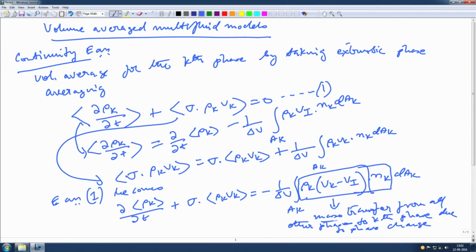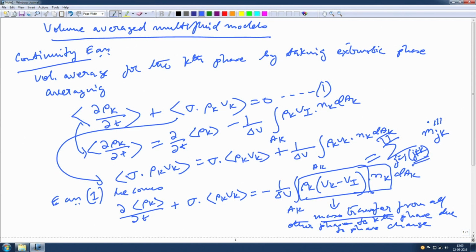All other mass transfer can also be from this phase to those phases; it does not mean that it is always mass coming in. So, this quantity is nothing but the summation over j equal to 1 to pi, where j is not equal to k, of m dot triple prime j k, the transfer from all other phases to the kth phase. That is why j goes from 1 to pi, but j cannot be equal to k.